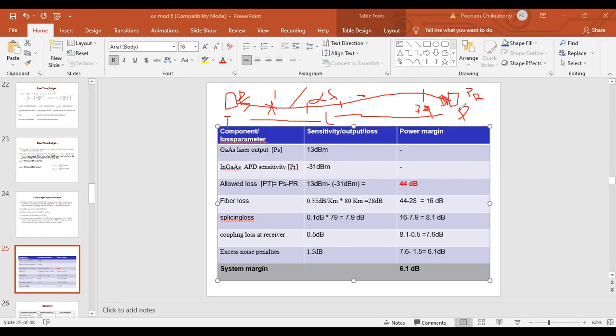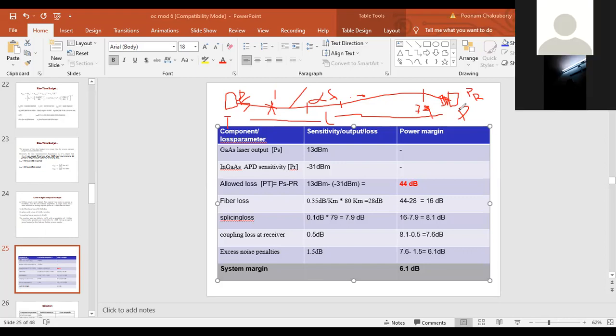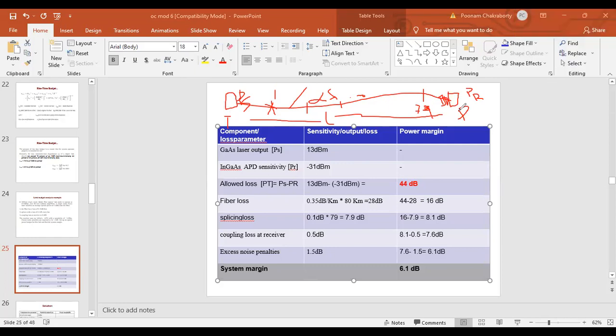So is this problem clear of system margin? Yes, ma'am. Okay, it's pretty easy. Once you finish, I'll give you the next one.